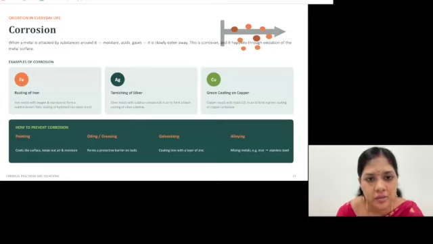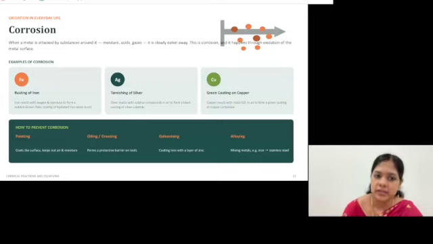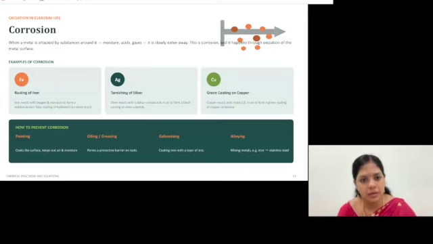The best examples are rusting of iron, which is a reddish brown and flaky coating of hydrated iron oxide, then tarnishing of silver, the black coating you see on old silver jewelry caused by sulfur compounds in air. And the green coating on old copper statues or vessels is also due to this corrosion only.